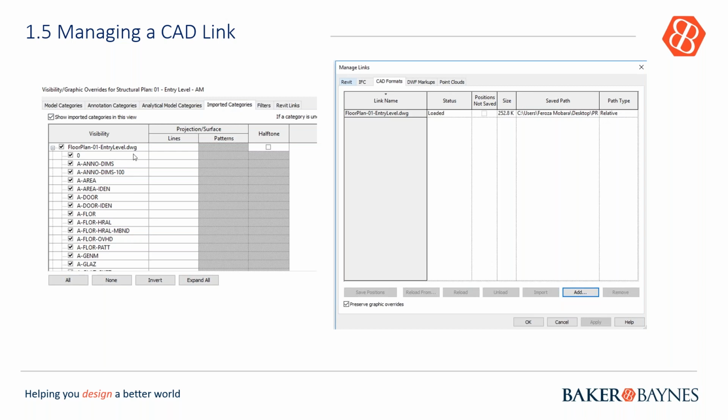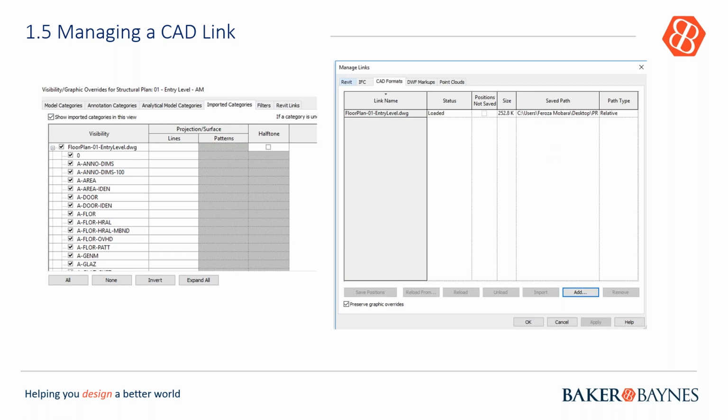Now, each drawing that you've imported is listed here, and you can see that you can turn the layers on or off, right? This is just the image, but I am going to show you in Revit how you actually do that, right? The Manage Links dialog is on this side.